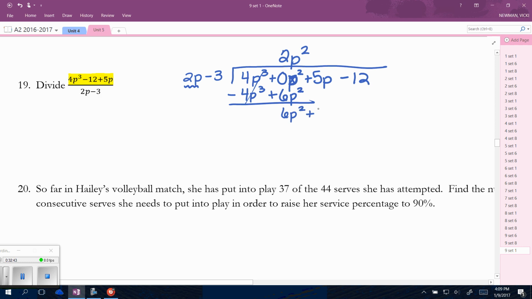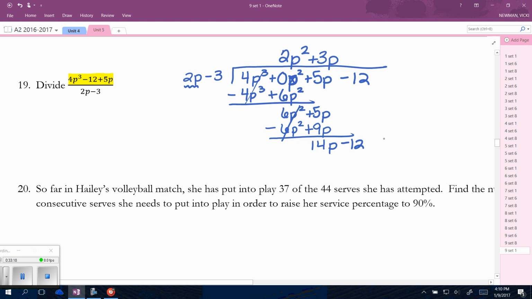Bring down 5p. 6p squared divided by 2p is positive 3p. Multiply 3p times 2p is 6p squared. 3p times negative 3 is negative 9p. Subtract, minus, plus. 6p squareds cancel. 9 and 5 is 14p. Bring down negative 12.